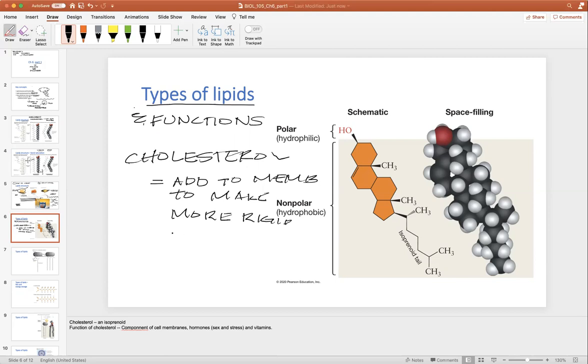Okay. Another thing that cholesterol does is it's actually what we call the mother molecule for some other really, really important molecules in your body, primarily sex hormones and stress hormones.